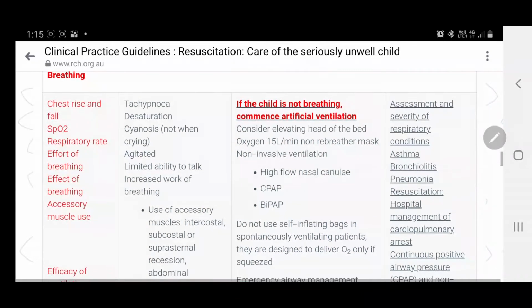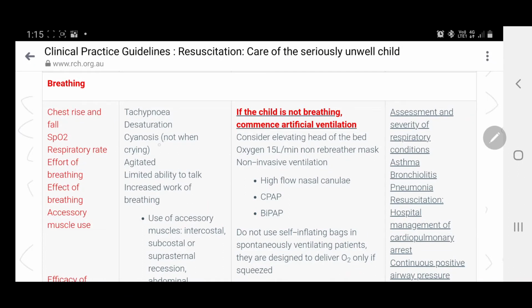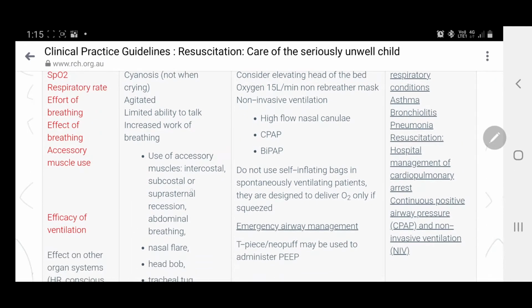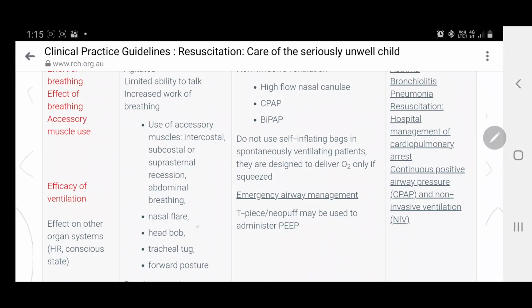The clinical features of distressed breathing would be tachypnea, desaturation, cyanosis not when crying, agitated, limited ability to talk, increased work of breathing, use of accessory muscles, intercostal, subcostal, or suprasternal recession, abdominal breathing. What else? Nasal flare, head bob, tracheal tug, and forward posture. These are signs of increased work of breathing.